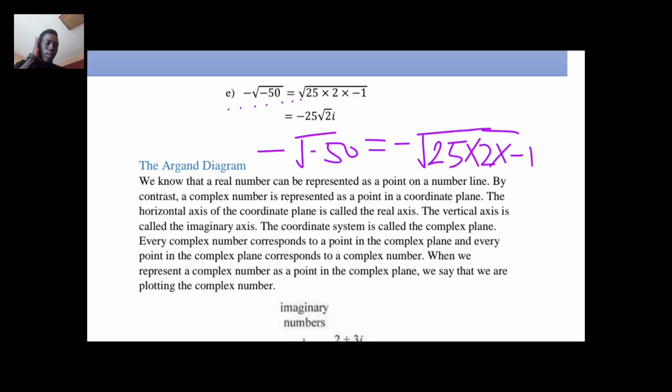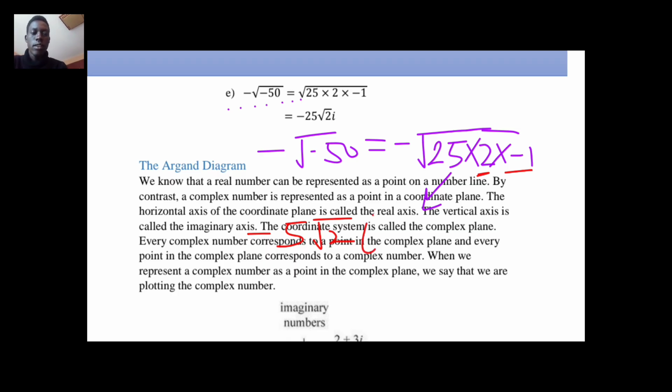For this case, you know the square root of 25 is 5. So you are going to have negative 5. Then there is no square root of 2, so you are going to have root of 2. Then negative 1 is equal to i.